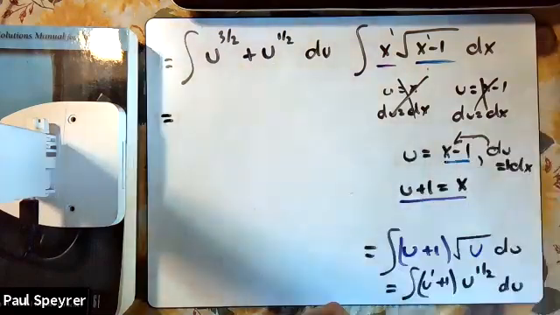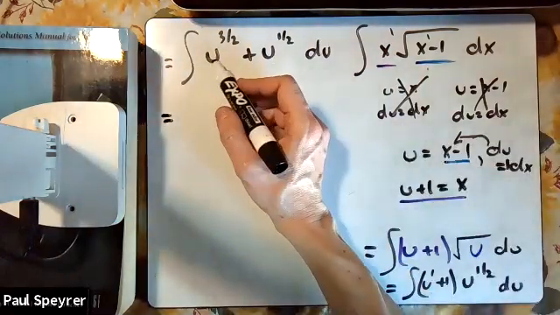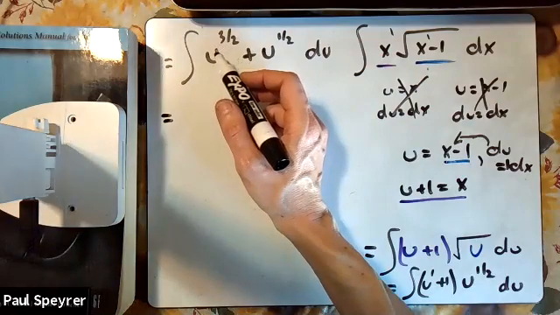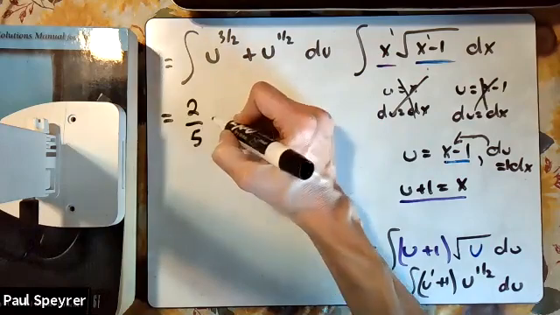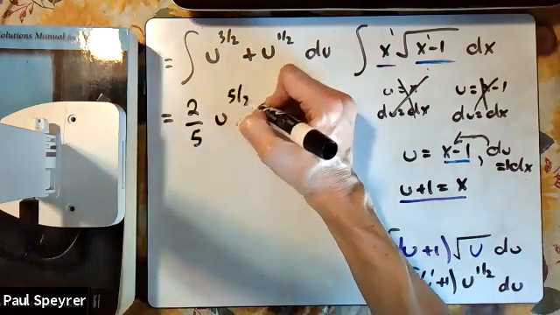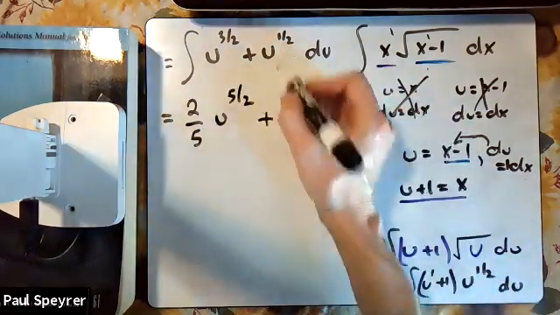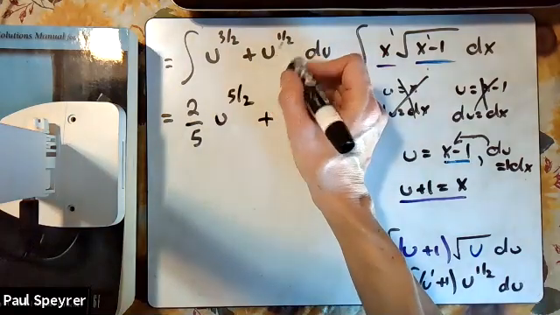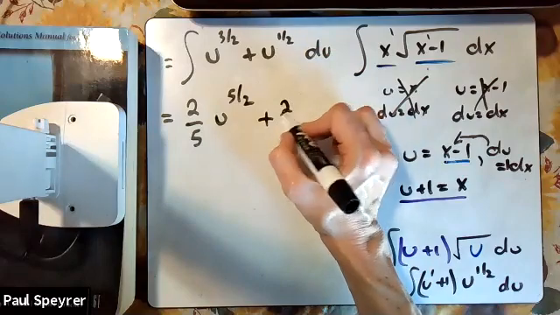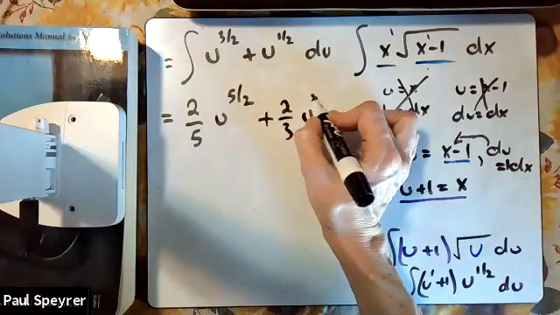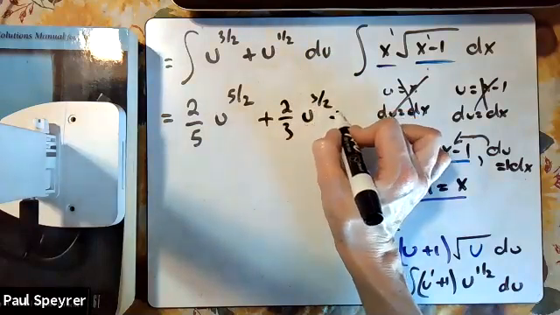And then let's go ahead and take the antiderivative. The antiderivative of u to the 3/2 is u to the 5/2 over 5/2, which is 2/5 u to the 5/2. It's just the power rule. Plus the antiderivative of u to the 1/2 is u to the 3/2 divided by 3/2, or 2/3 u to the 3/2, and then plus c.